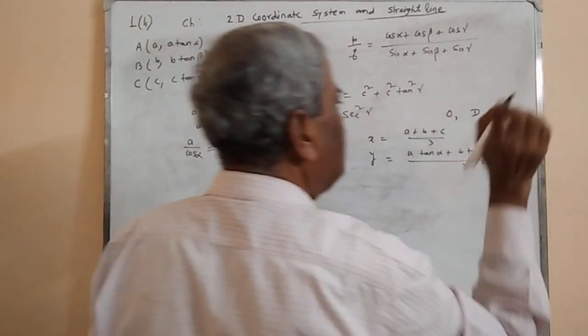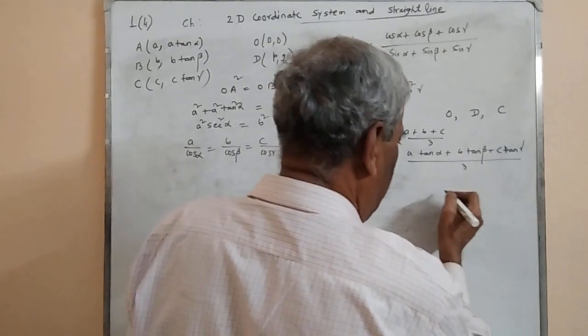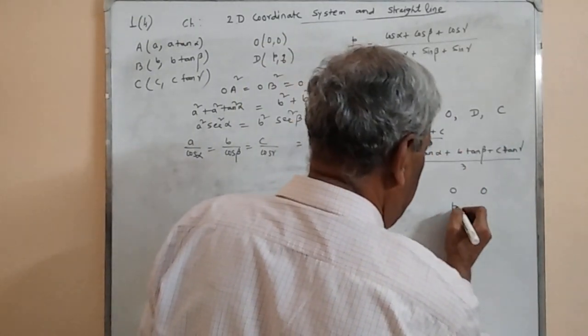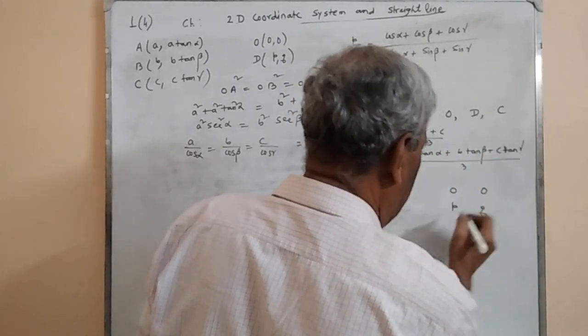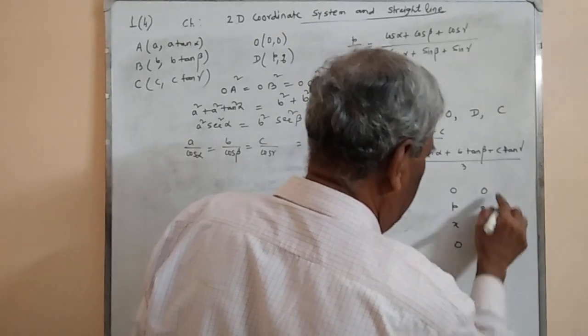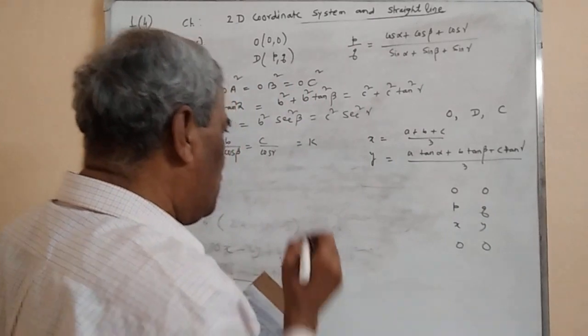Then O, D, C are collinear. Coordinate of O is 0, 0. Coordinate of D is P, Q. Coordinate of C is X, Y, and repeat the first one. So the area of the triangle must be 0.